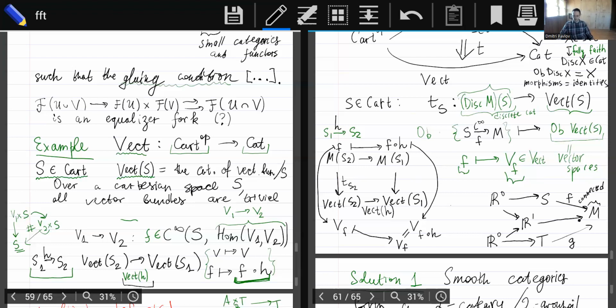Any 2 points in M can be connected by a smooth path, and this smooth path is a smooth map from R1 into M.